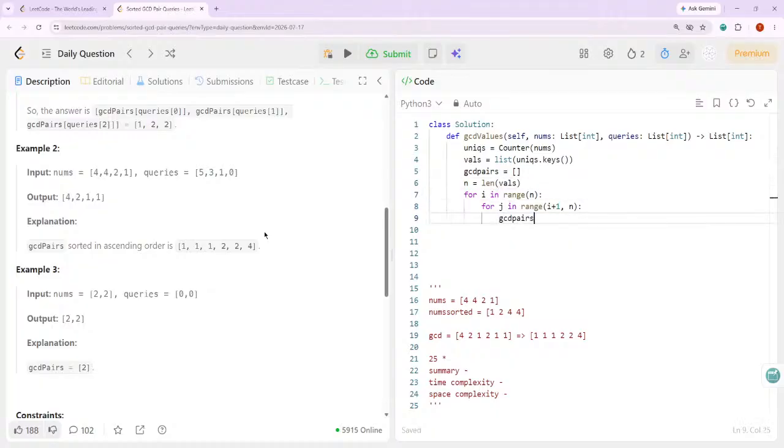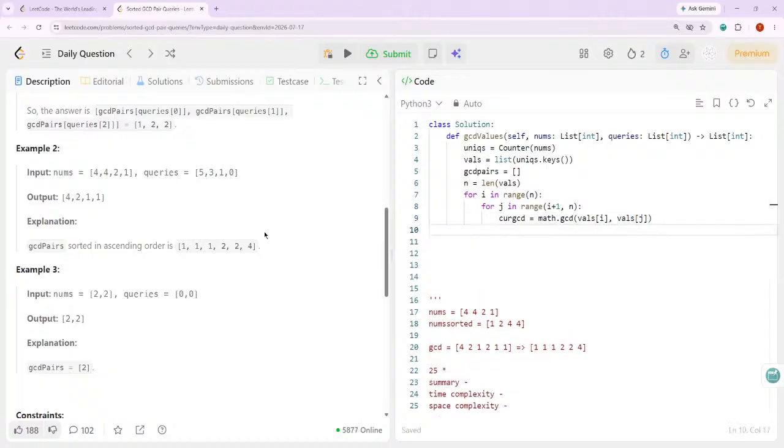GCD pairs. I think I want extend because this could be multiple. Okay, so let's say the GCD of these two. I'll say current GCD is the math.gcd of vals[i] and vals[j].